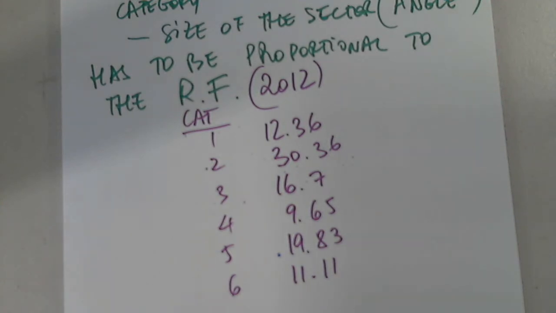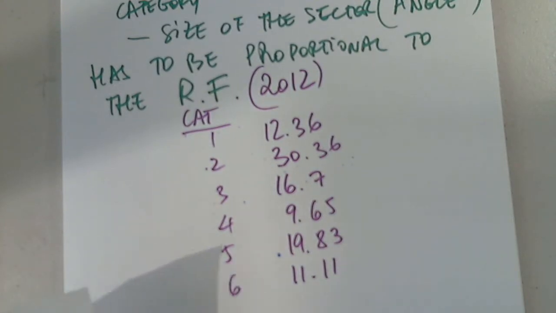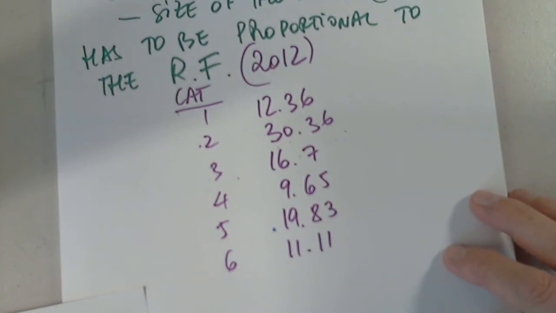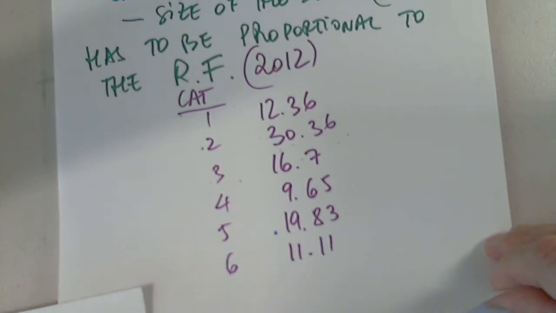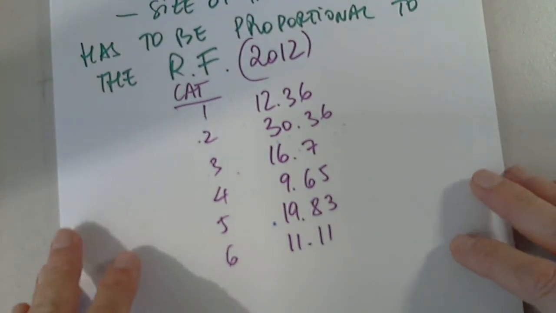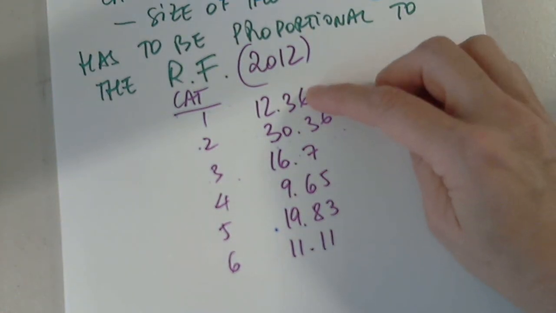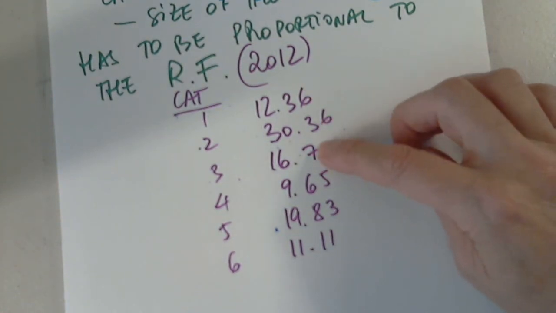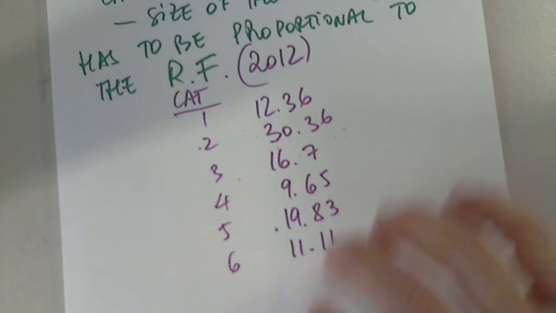And going back now to the circle, we're going to divvy up the circle, approximately, of course. We're not going to be able to do it 100% without instruments. And create an angle that represents 12%, 30%, 16%, 9%, 18%, and 11%.